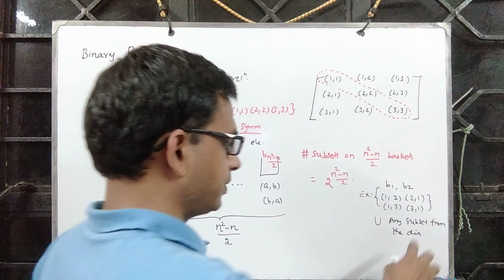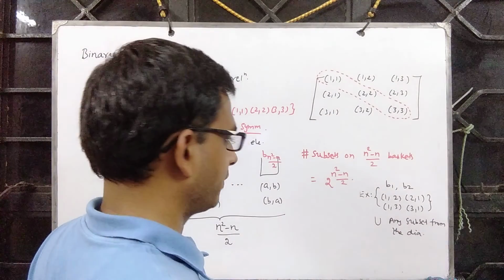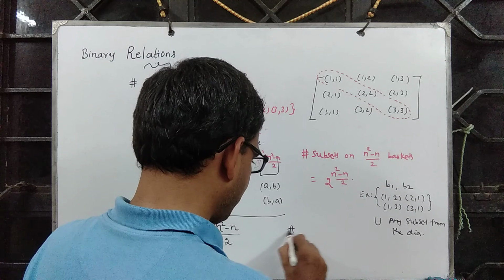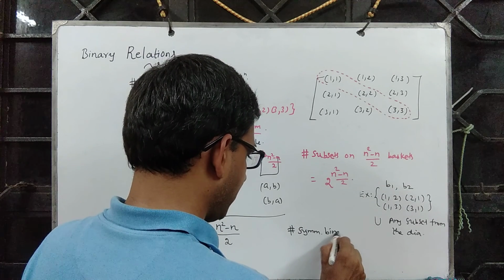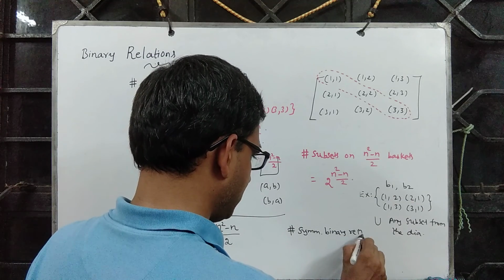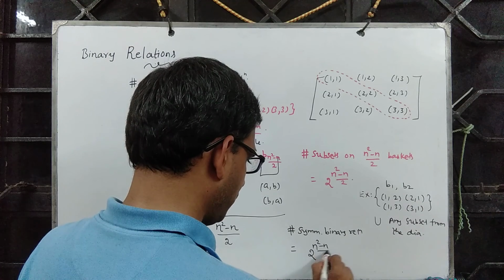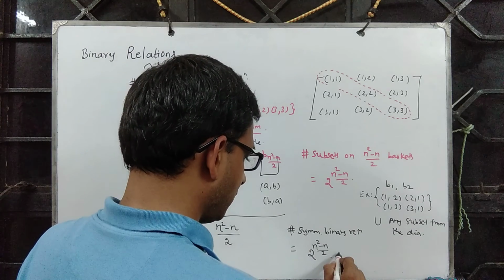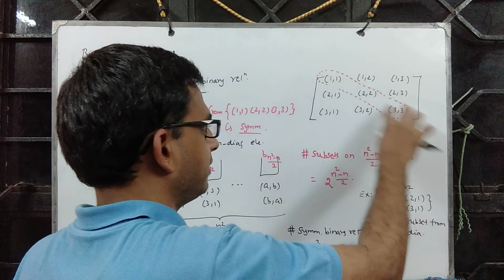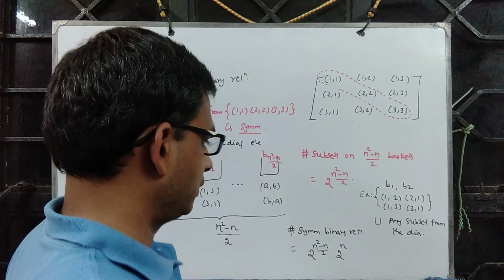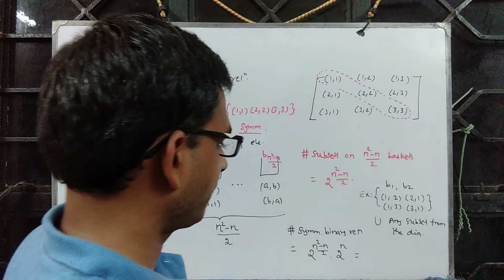So you can associate (1,1), (2,2), (3,3) or just (2,2). Which means the number of symmetric binary relations is 2 power (n square minus n) by 2. With that you can associate any subset from the diagonal. So this is precisely the number.